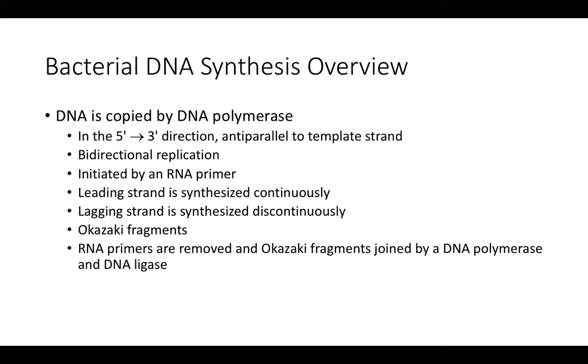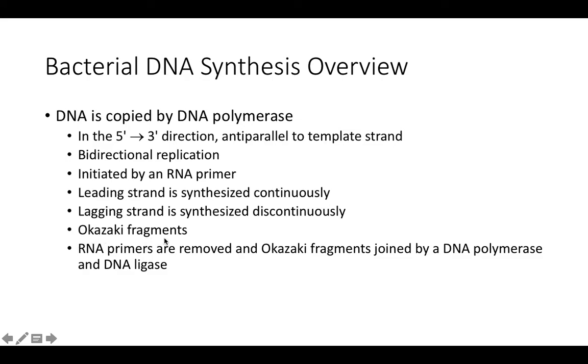We said that when a chromosome is being replicated, of the two new strands, the leading strand is synthesized with continuous DNA synthesis. The lagging strand is synthesized discontinuously. And on this lagging strand, we're going to form these short little DNA fragments called Okazaki fragments.